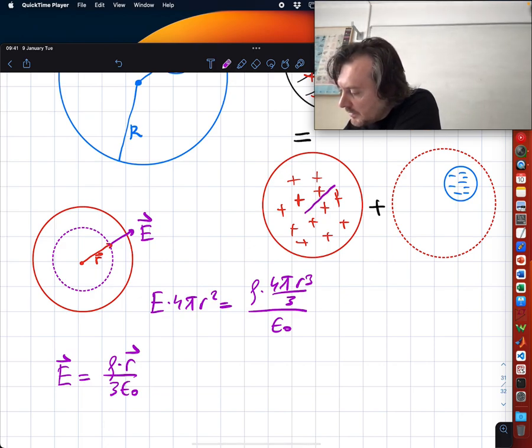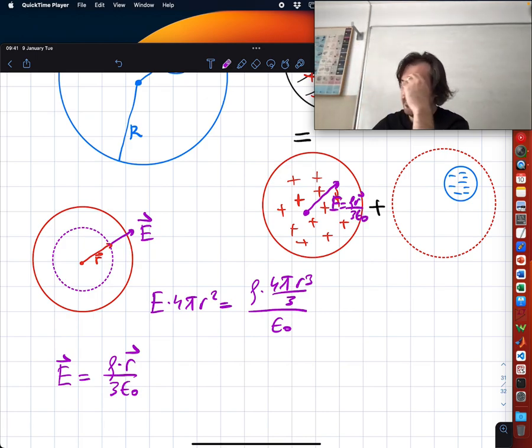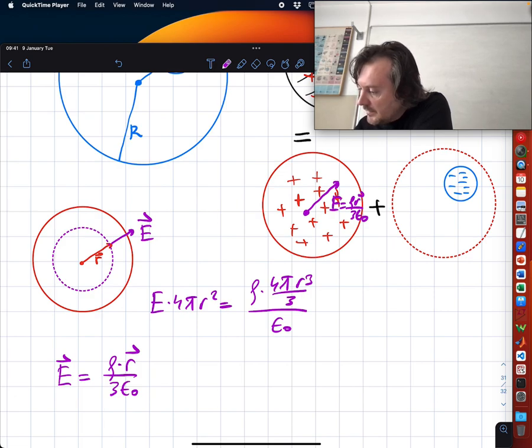So for any point in space, for a uniformly charged distribution, E is rho r vector divided by 3 epsilon 0. Very good. We can actually use that.